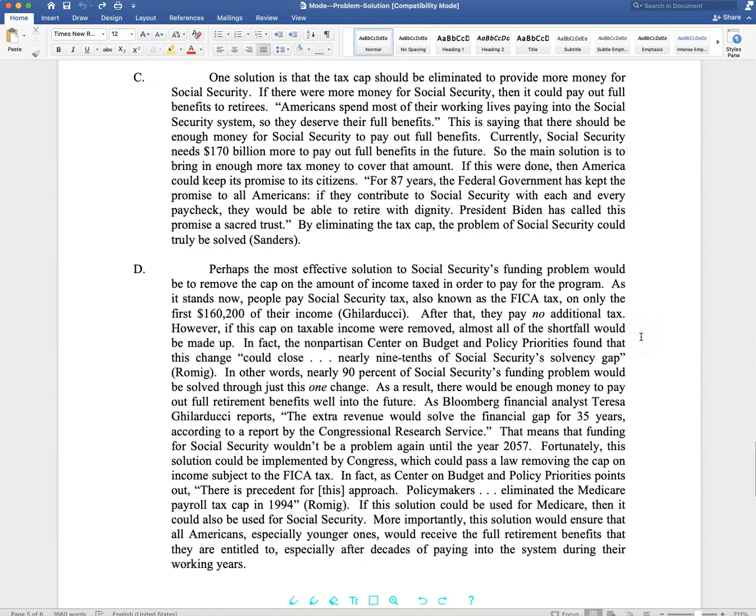let's look at D next. And D is a very effective paragraph. First of all, it has a good topic sentence that lays out what the solution is, and we use the word solution, so we know that's what we're getting. It explains clearly that this is removing the cap on the amount of income taxed in order to pay for the program.